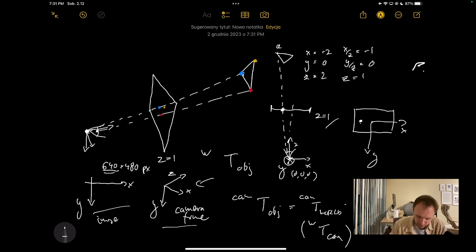Don't worry about the details, we're going to come back to this later, but notice that in the world frame it goes like this, and in the camera frame y goes down. So coming back to this, we could figure out the position of the object in the camera frame by composing the position of the world in the camera frame and the position of the object in the world frame, right?